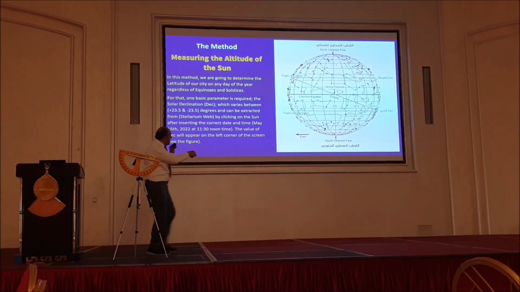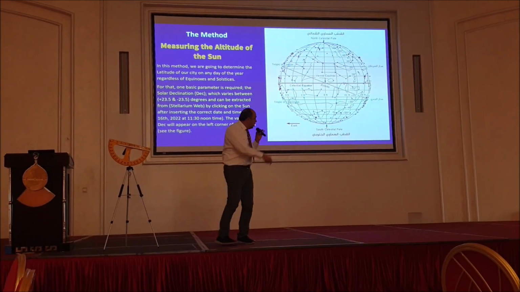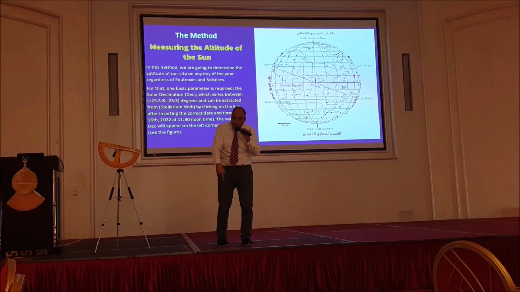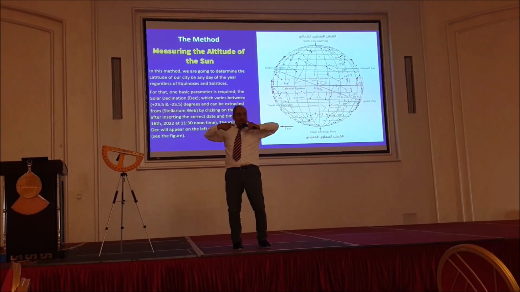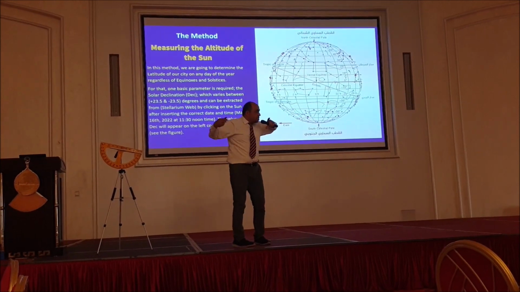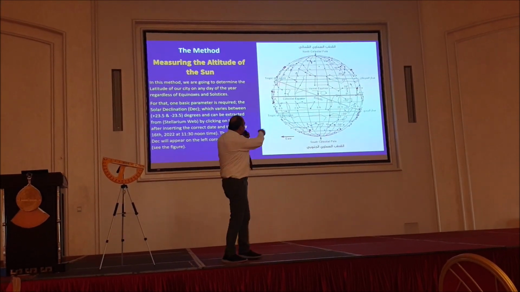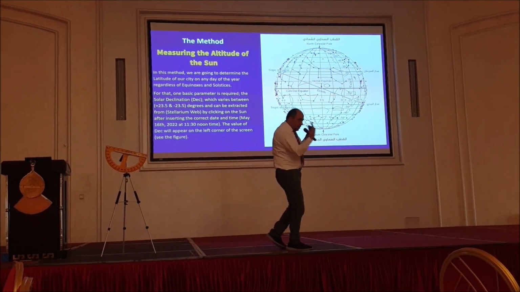This is the sky. This is the celestial pole, which is again the geographical pole. This is the celestial equator, which is again the Earth equator. But our Earth equator is expanded till it touches the sky. When it touches the sky, we call it the celestial equator. Actually, the motion of the sky is a reflection of the motion of the Earth itself, the rotation.